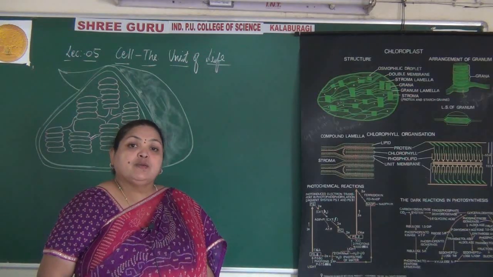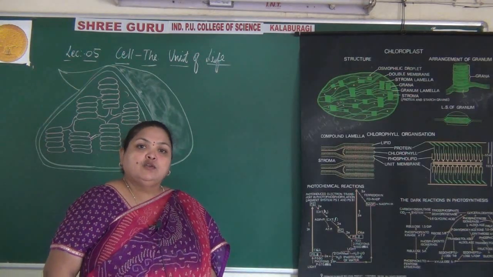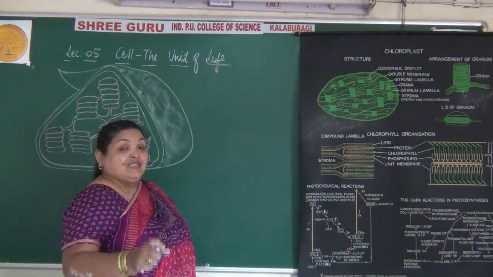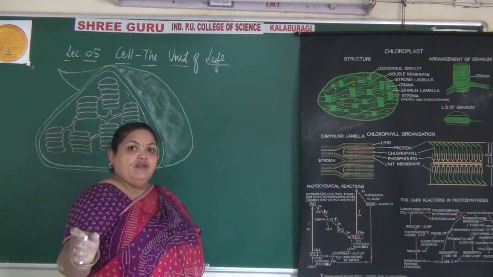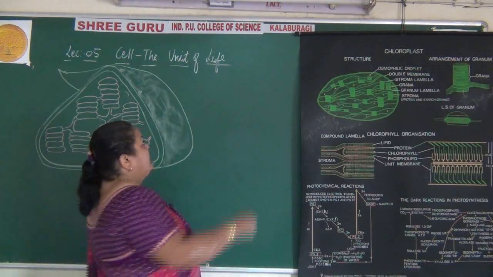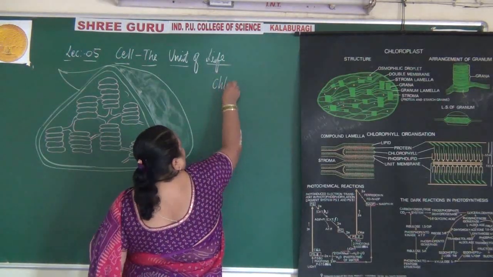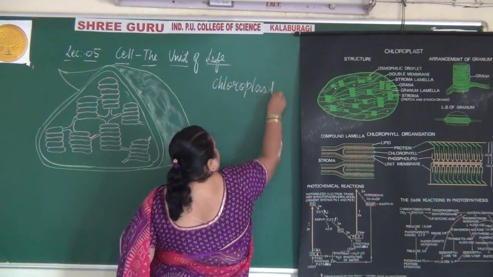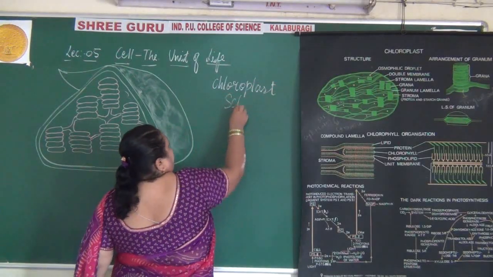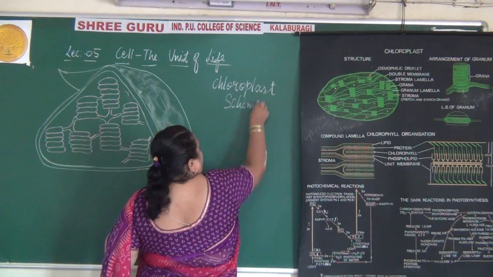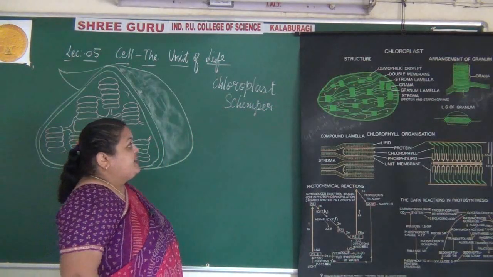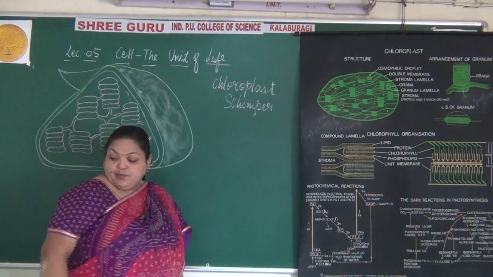The chloroplast provides a green color to the leaves. The term chloroplast was coined by the scientist Schimper.